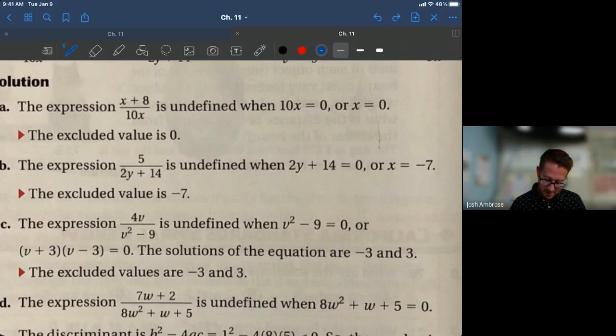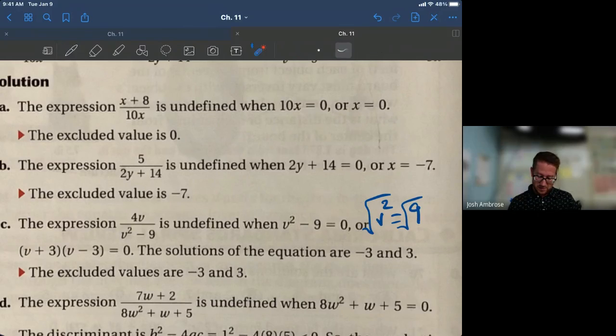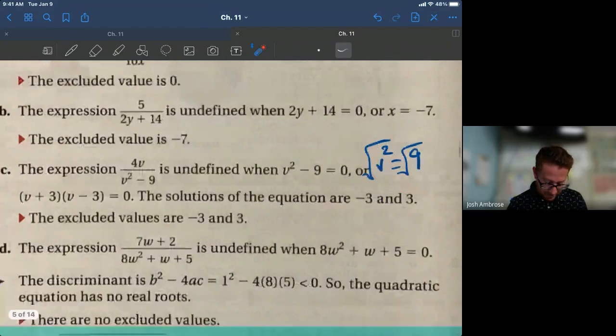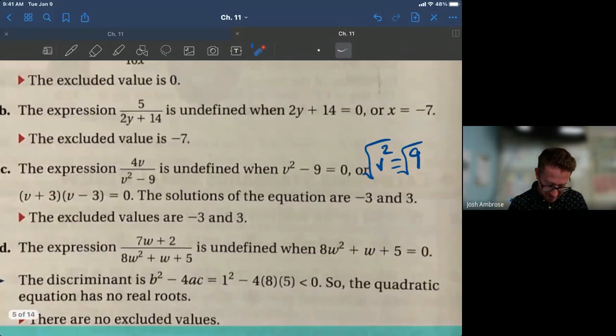In that case, we could make it look like v squared equals 9 and take the square root of both sides. That would work as well. That's still going to get you the answer they're looking for of a positive and negative 3 for the excluded values.